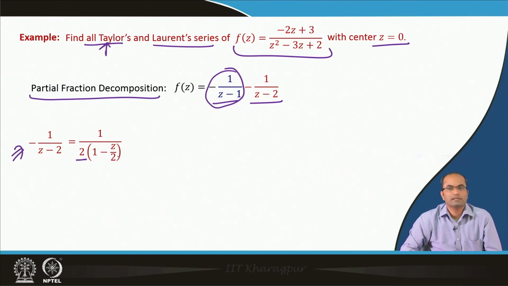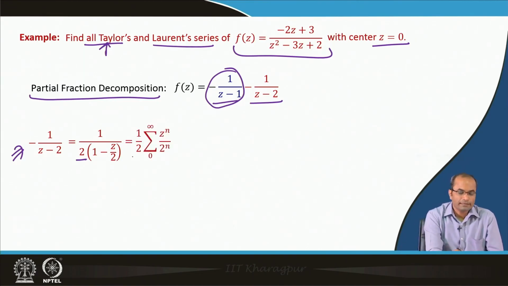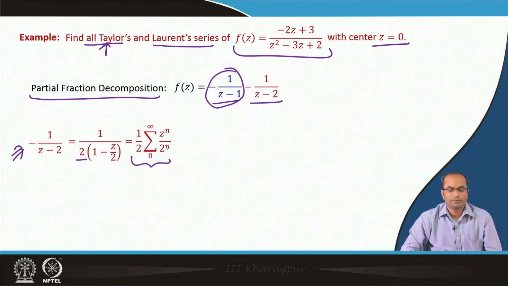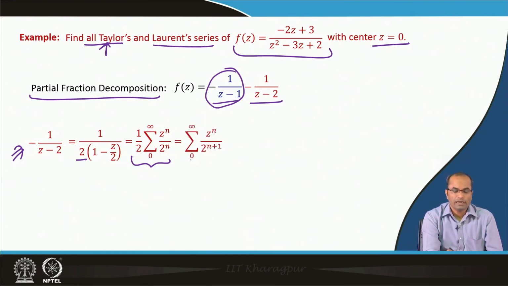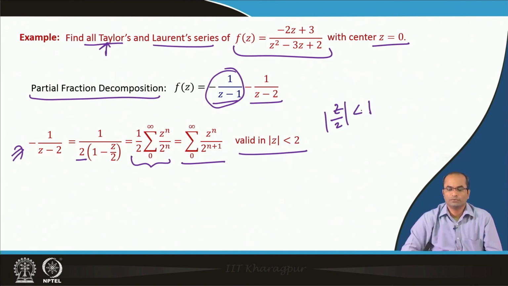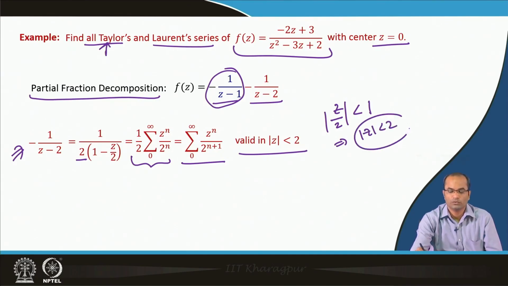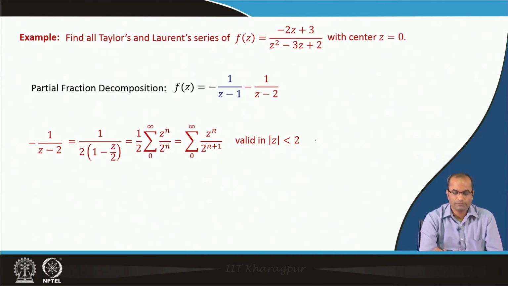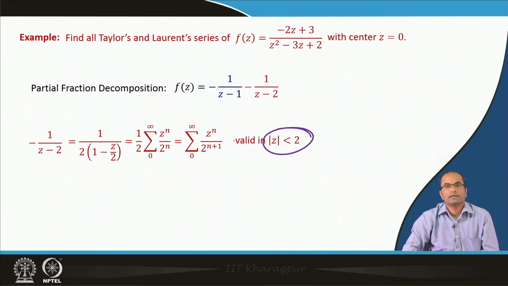So, we have 2 times 1 minus z by 2, and that can be expanded as the sum of z power n over 2 power n, and the validity region will be the absolute value of z by 2 less than 1. So, here we have this expansion, the validity is mod z less than 2, which comes from this relation, the modulus of z by 2 less than 1, which says mod z less than 2. So, this series here is valid for mod z less than 2.